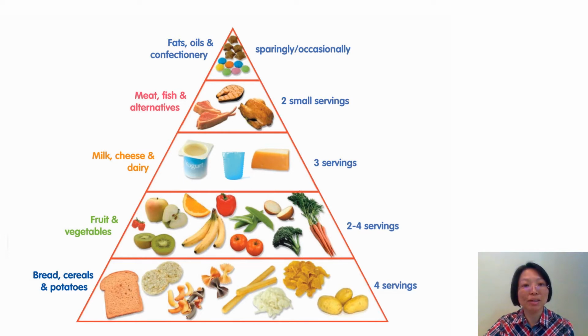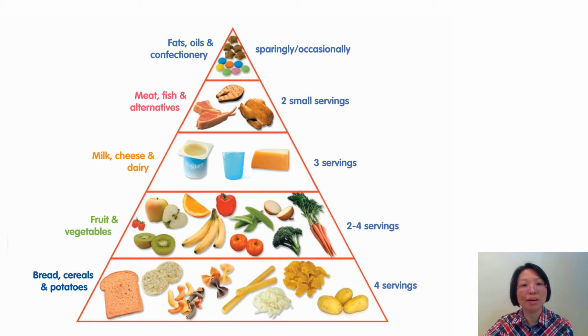And the third level of the food pyramid will be milk, cheese, and dairy. Milk, cheese, and dairy products are products which are made from milk or even cheese. So for this group of food, we can take 3 servings.